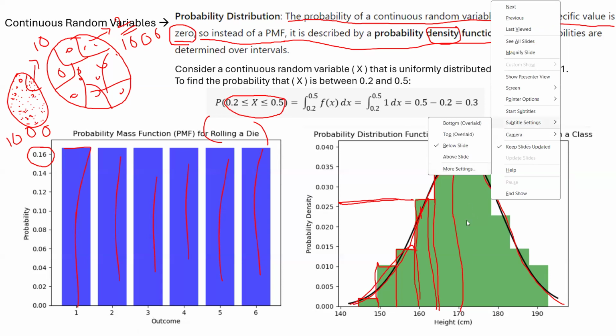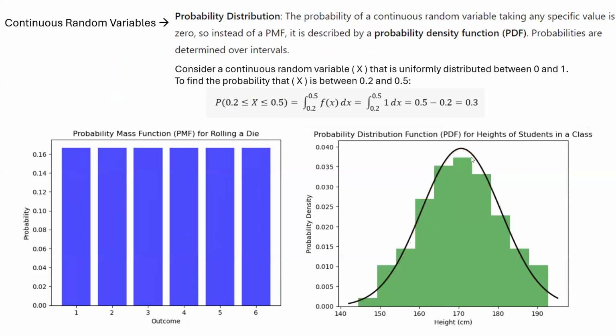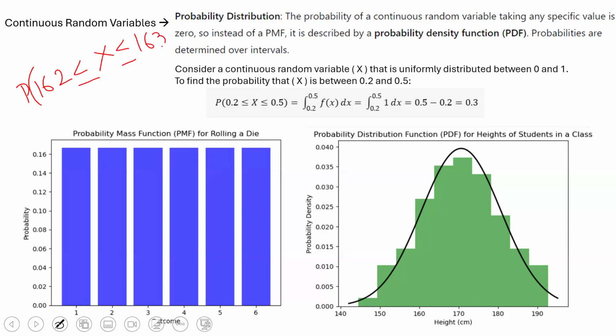So now you have calculated this based on the results that you do have. It is given that 160 to 165 is what you have calculated, but I want to calculate the probability of random variable x taking the value between 162 and 165.